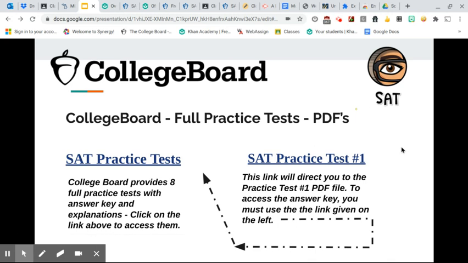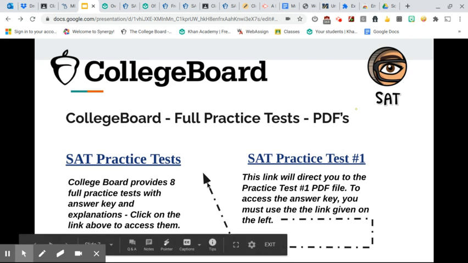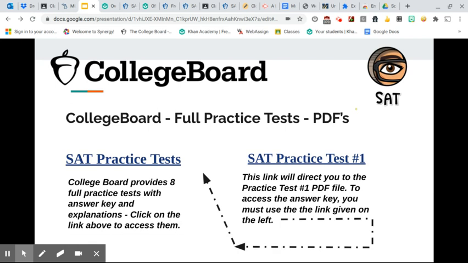Now, like I said, College Board has all kinds of information. One of the things they do provide also is the SAT practice tests. They provide 8 full-length tests along with answer keys and explanations to each question.